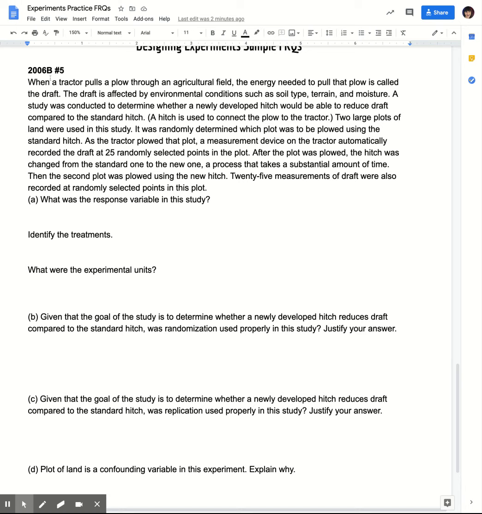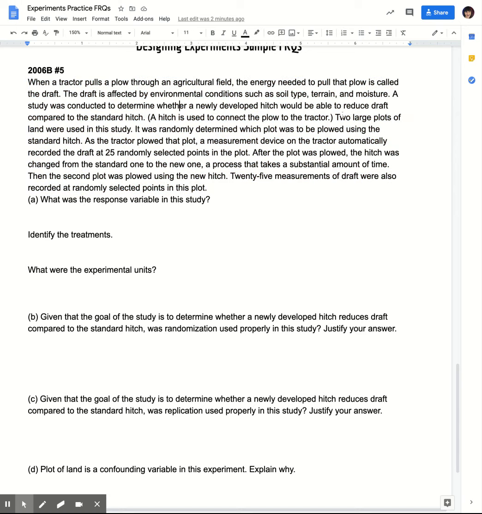This, when you first look at it, again, is another really, really long explanation. So just skim the explanation to get an idea of how the experiment was conducted and then go straight to the questions, okay? So here in this scenario, we're essentially talking about how tractors plow fields.